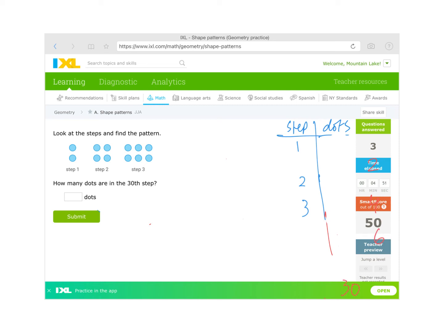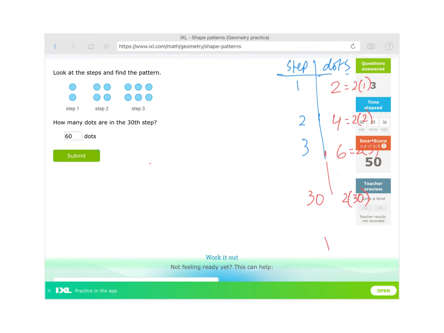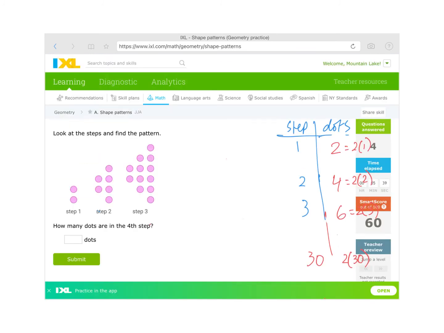So this can also be written as 2 times 1, 2 times 2, 2 times 3. This would be 2 times 30, which would be 60. So try to look at what the pattern is.